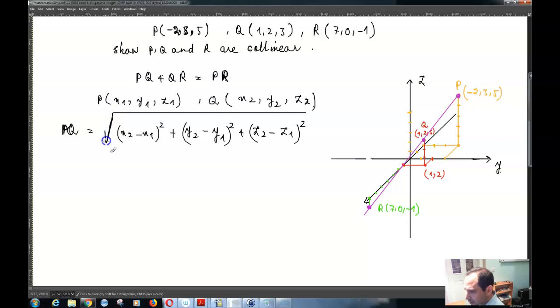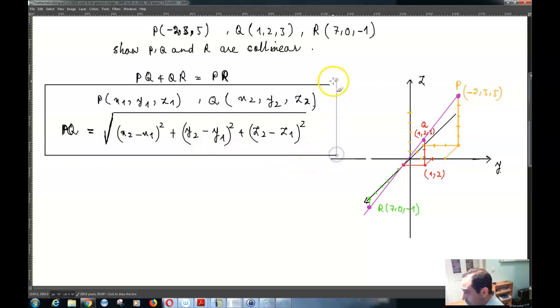And that is basically how you calculate the distance between any 2 points in three-dimensional space.